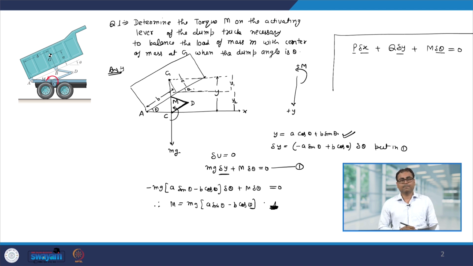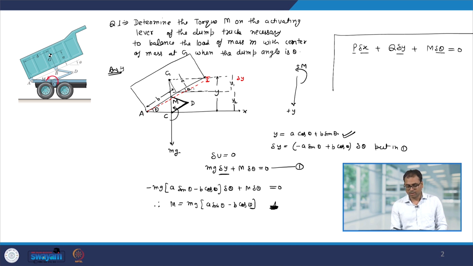In this example I have not shown you the virtual displacement, how it will happen, but of course you can identify it. Because of the force mg this dump is going to come down, this is one virtual displacement, and because of that your delta y is going to change.